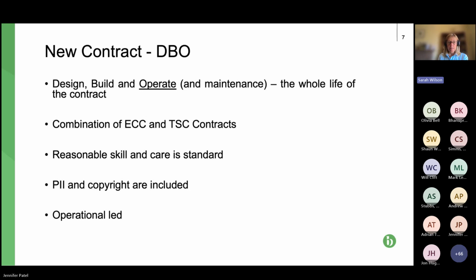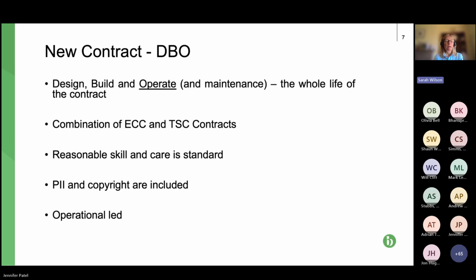So as it says in the second bullet point, it's a combination of our ECC, engineering and construction contract, which is what we use for a build contract, and there is a design element for it as well, and the TSC, the term service contract, which is basically a maintenance contract over a certain period.